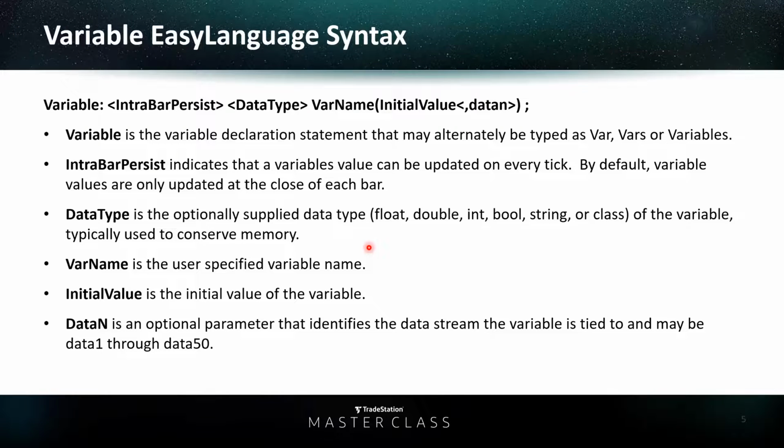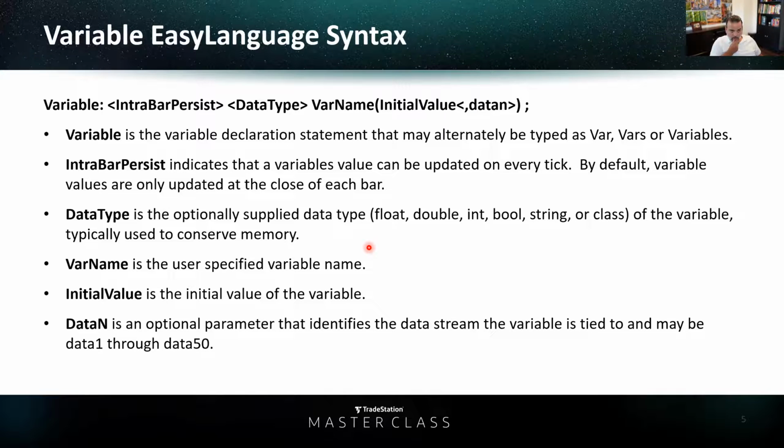This gets real complicated. But okay, let's say that we alias the variable in the variable declaration to data 5, and I look at that variable's value 7 bars ago. 7 bars of what? 7 bars of data 1 or 7 bars of data 5?